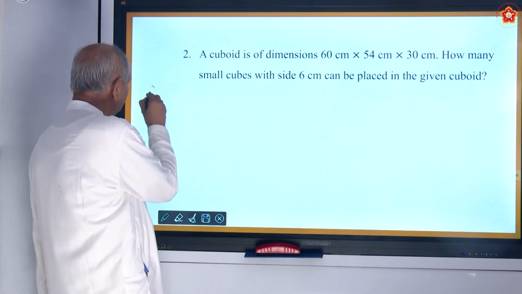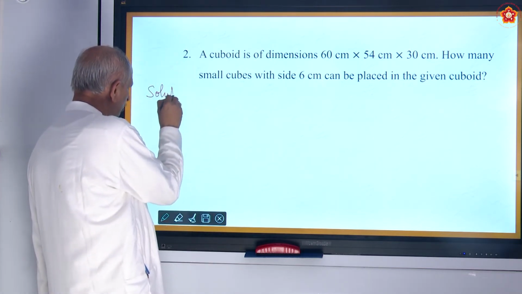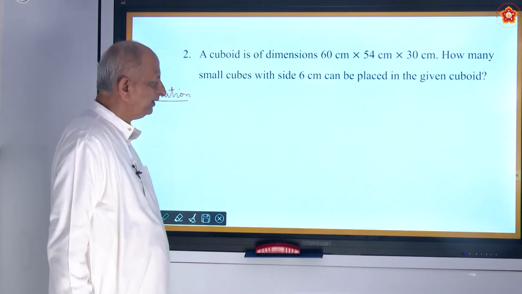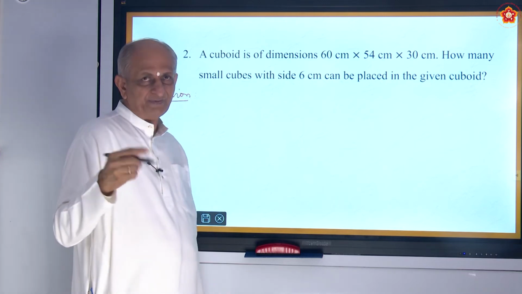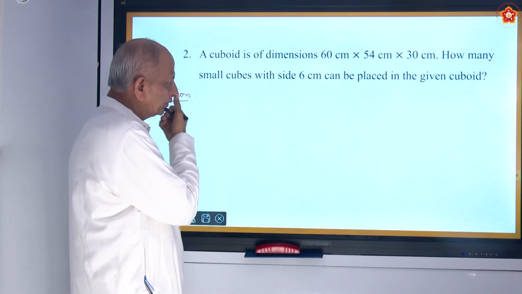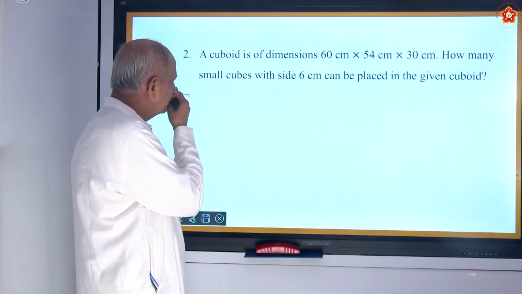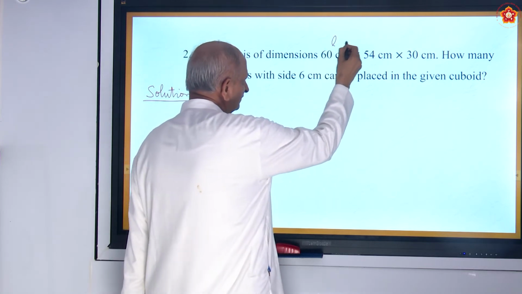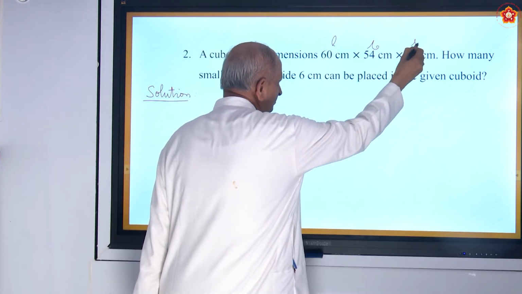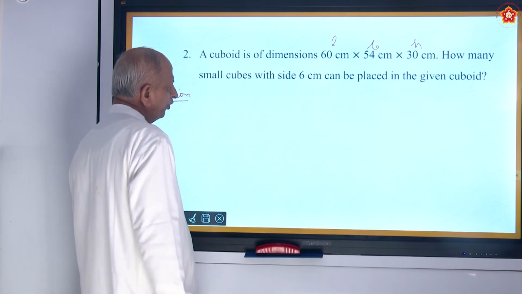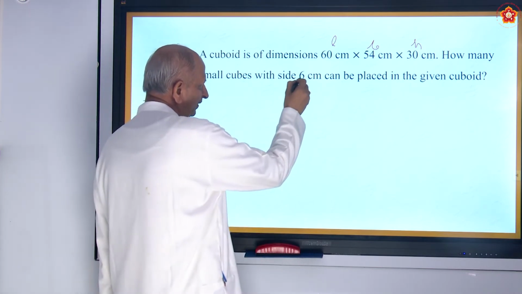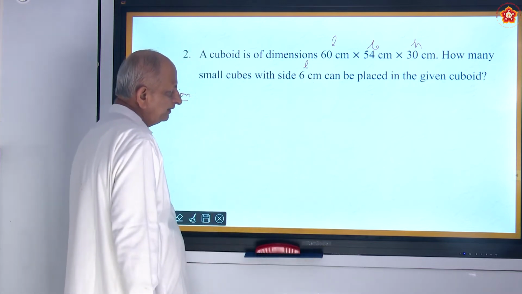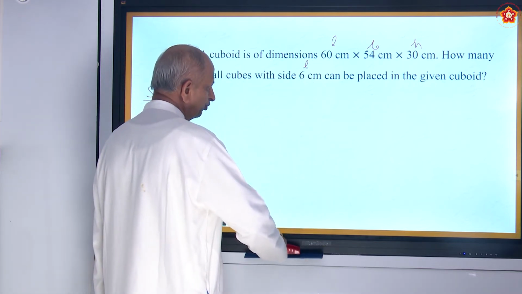A cuboid is there. You know, a cuboid is nothing but a 3-dimensional solid having 3 different sides. Here they have given a cuboid of this measurement. This is L, this is B, this is H. How many cubes of side 6 centimeters can be placed in the given cuboid?